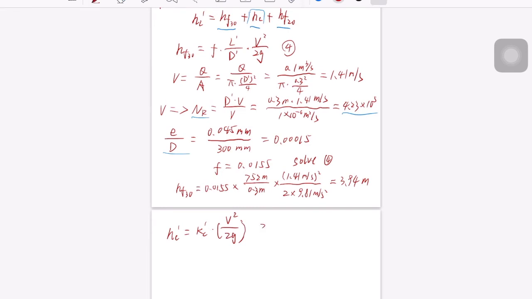This is equation 5. So we need to know that the velocity is the small pipe velocity.